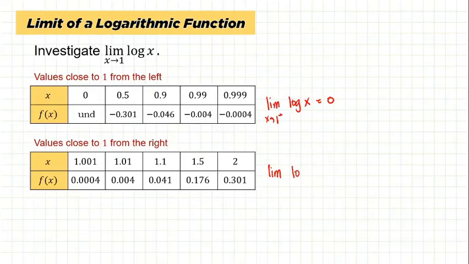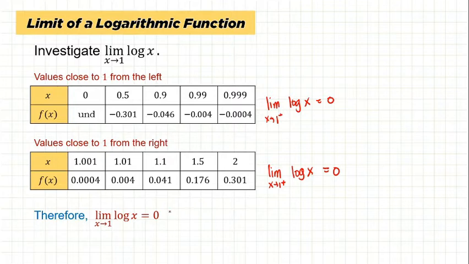So we can say that the limit of log of x as x approaches 1 from the right is also equal to 0. Since both the left-hand limit and the right-hand limit exist and are equal to 0, we can say that the limit of log of x as x approaches 1 is equal to 0. And take note also that log of 1 is equal to 0. So this is just the same as log of 1.